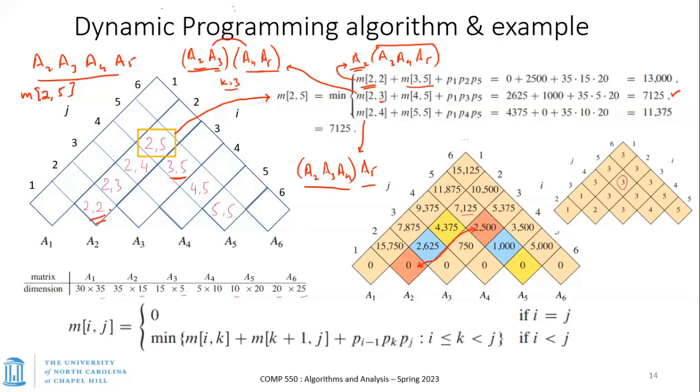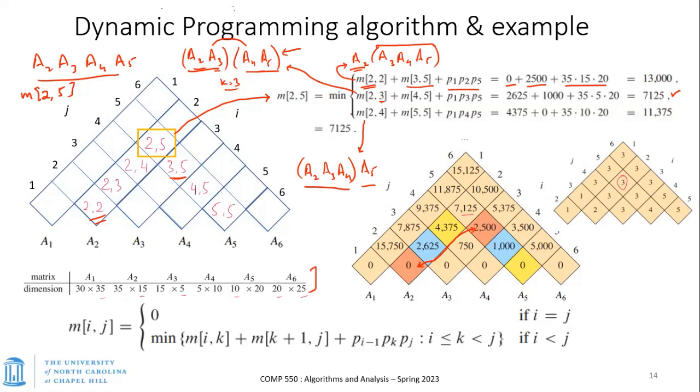So you're going to compare M2,2 plus M3,5 plus this product. You can see that M2,2 is 0, M3,5 has been calculated for you, and P1, P2, P5 is being calculated here based on this particular set of dimensions. It so happens that this particular scenario turns out to be the minimum cost.